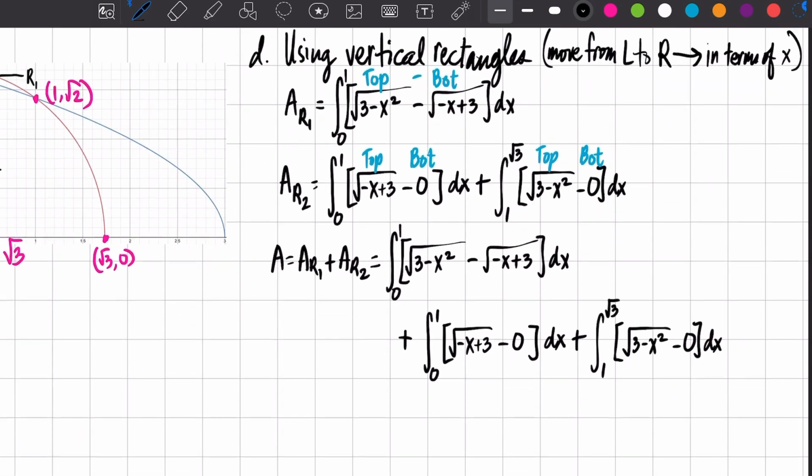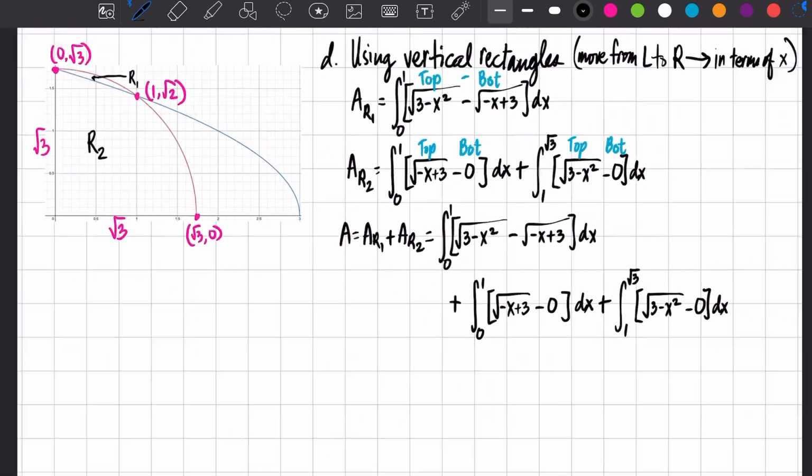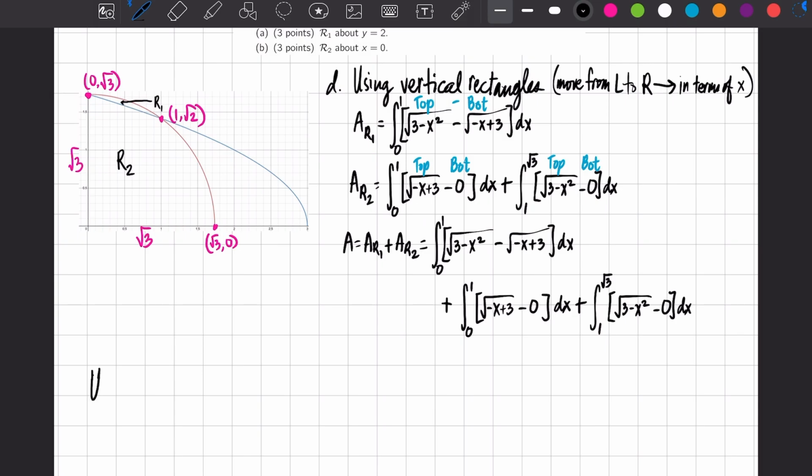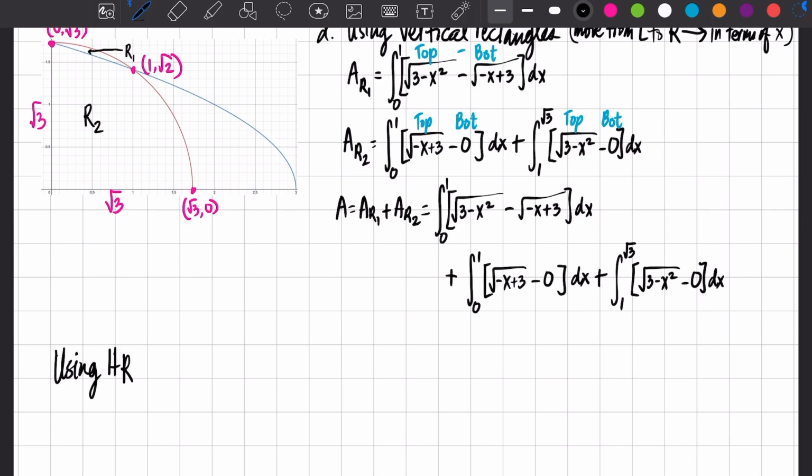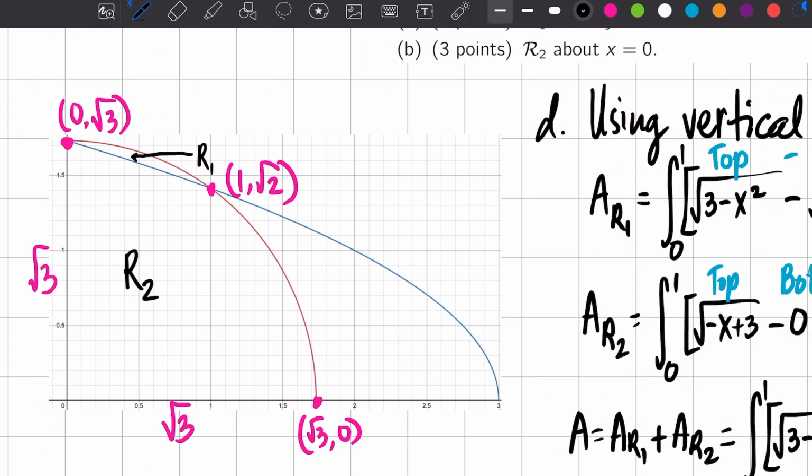So now let's try horizontal rectangles. Using horizontal rectangles, they look like this.